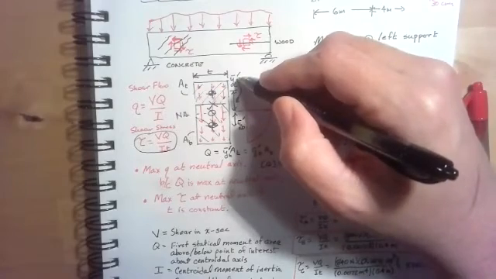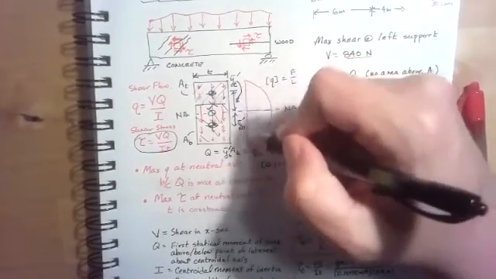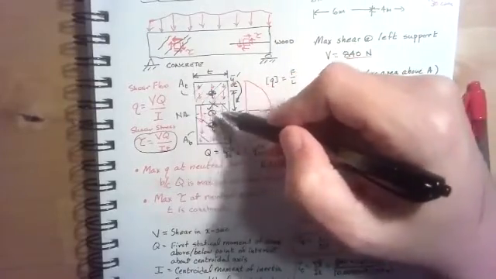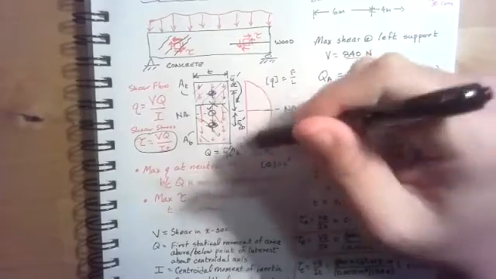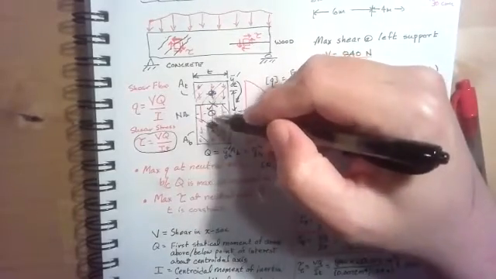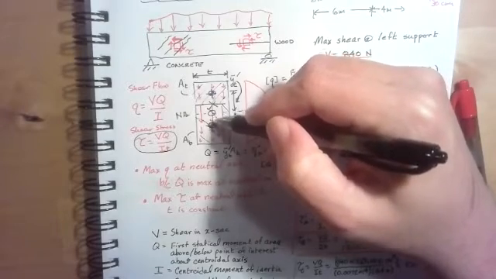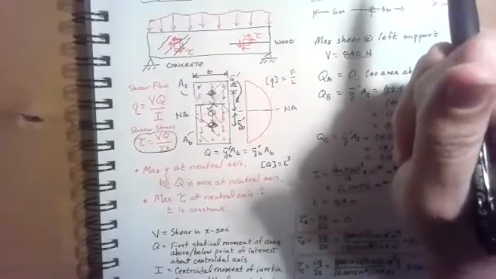That would give me y bar prime, and I'll denote T or B for top or bottom, and this would be the top area. I could use the bottom part of the area as well, and I would get the same result. Here you can see that the area is larger for the bottom part, but the centroid of the bottom part is closer to the neutral axis than it is for the top part.